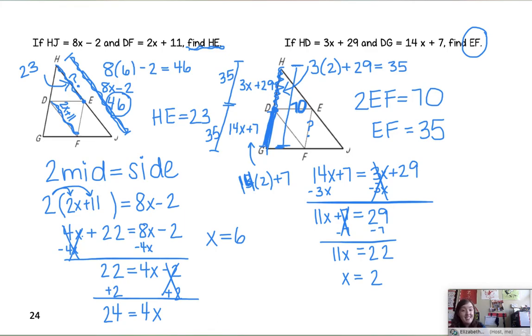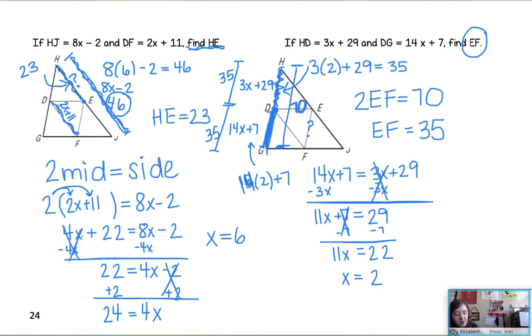Miss Davis? Yes. Could you also just look at DG and say that it's congruent with EF and then figure out it's 35? Beautiful. I'm so glad you mentioned that. Exactly right. So here's what we know now.